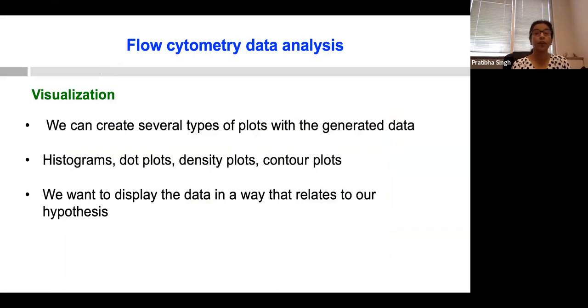There are several ways to plot your data: histogram, dot plot, density plot, contour plot. When plotting, it is important to know which plot you want to use, and whether the subpopulation you want to analyze is related to your hypothesis.